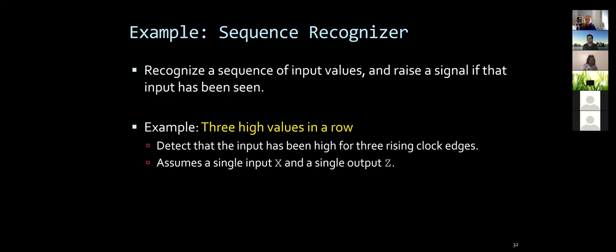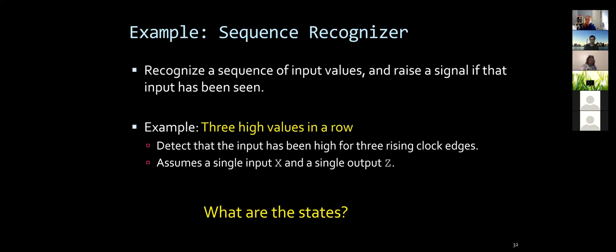Where is it important? Well, in all forms of encoding, like when I see different encodings for different signals and I want to raise a flag for one particular one, that's a sequence recognizer. So you want to detect that the input has been high for 3 rising clock edges consecutively, and you assume a single input X and a single output Z.